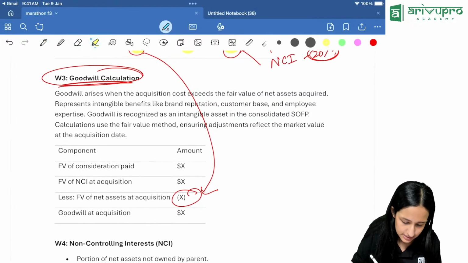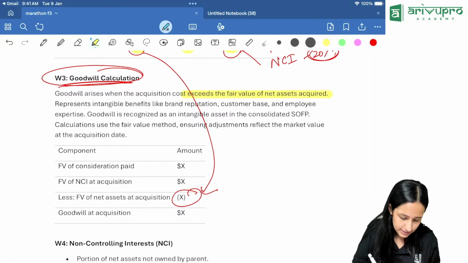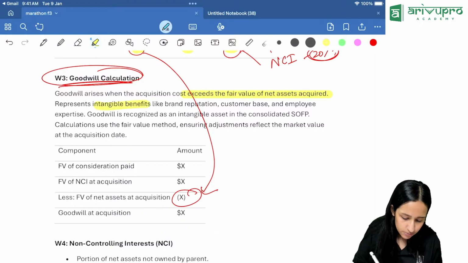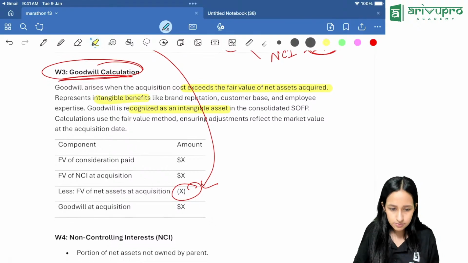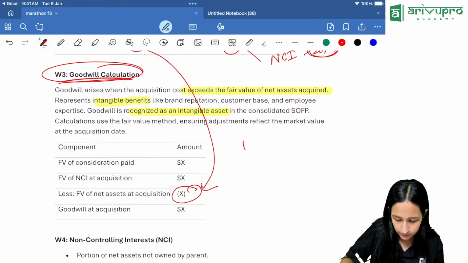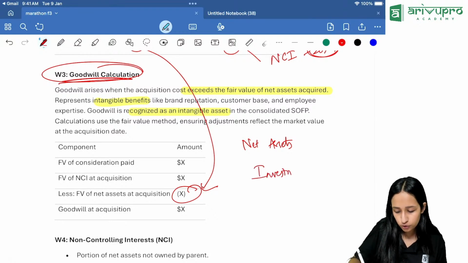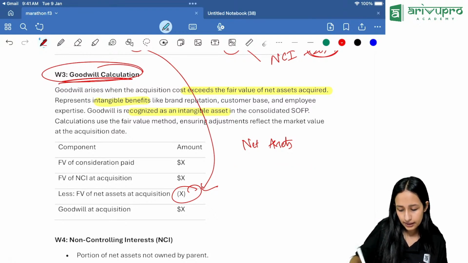Goodwill arises when the acquisition cost exceeds the fair value of net assets. It represents intangible benefits, and it's recognized as an intangible asset. So under your assets, you will have the investment written. You will take out this investment and you will write goodwill there.